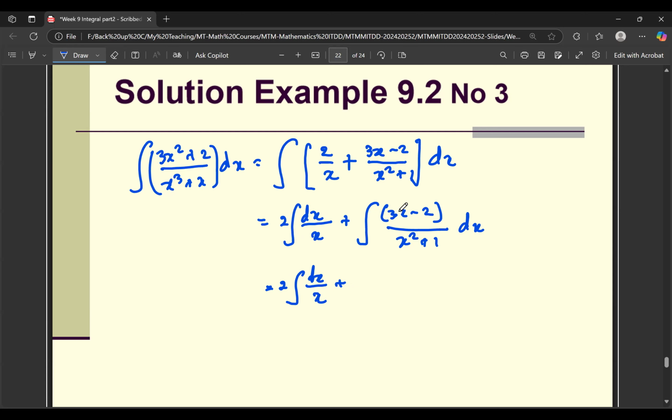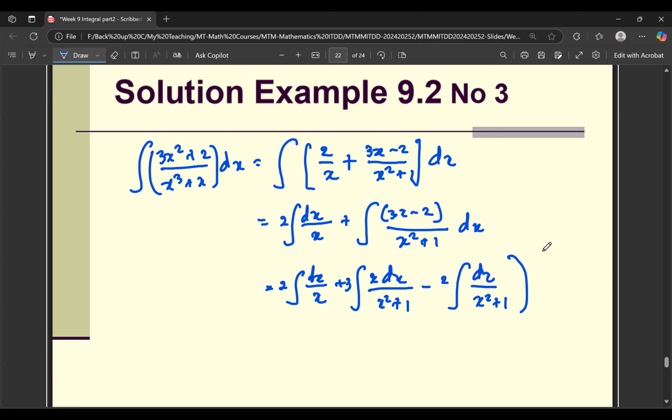We divide it into two integrals: 3x dx divided by x squared plus 1, and minus 2 times the integral of dx over x squared plus 1.